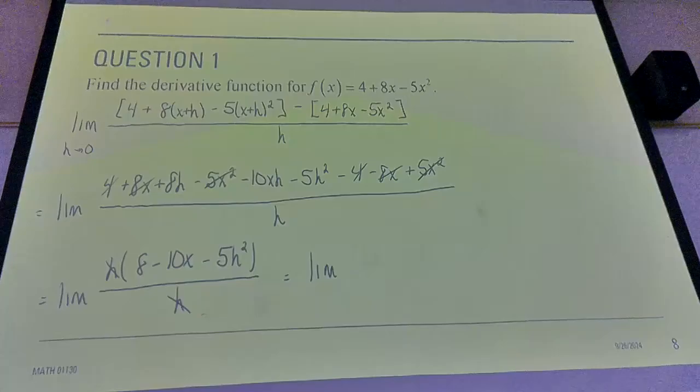And that was all pre-calculus, because that was the difference quotient. Now we get to apply calculus. What's that limit? It's 8 minus 10x. Calculus is easy. That's our derivative function.